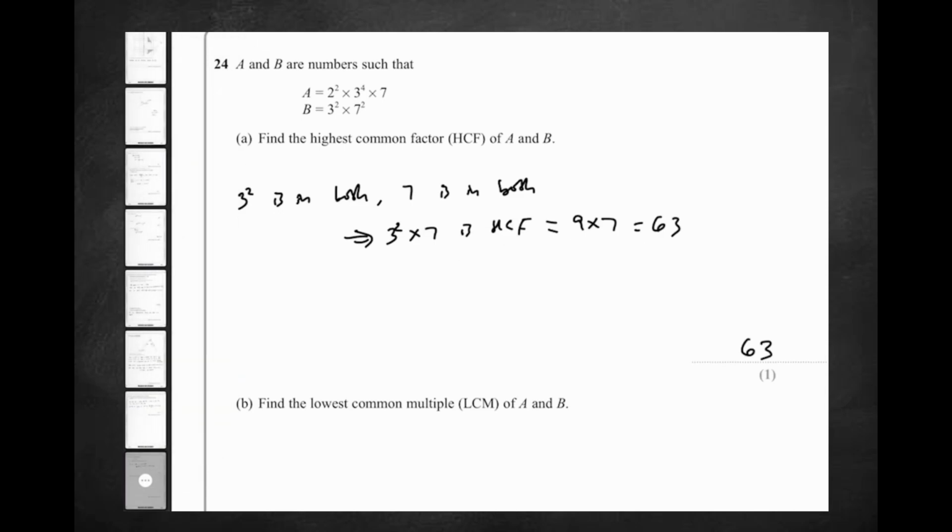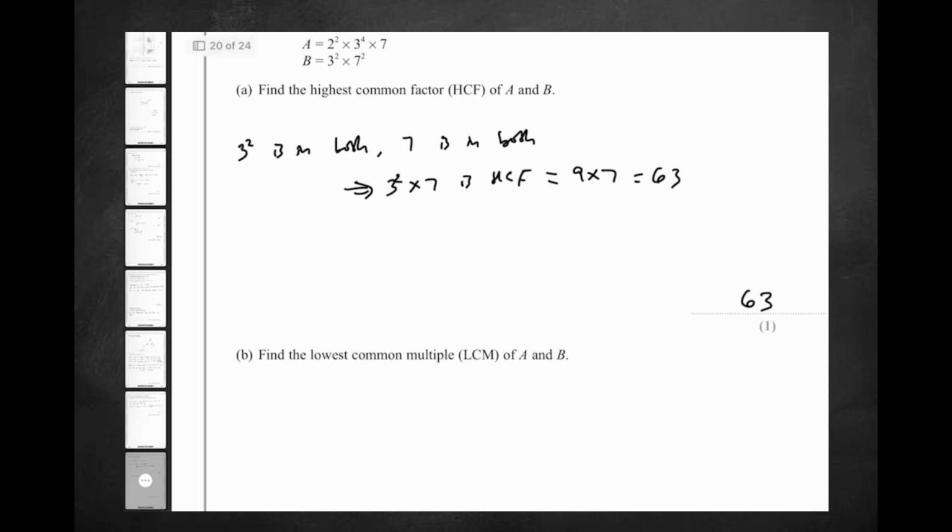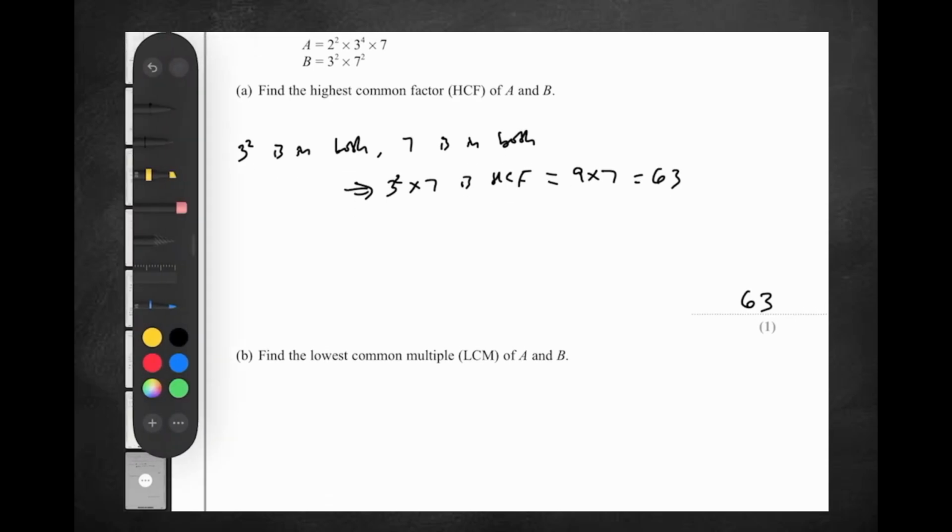So part B, find the lowest common multiple of A and B. So all we need to do for that is make sure we have combined the two breakdowns of the numbers up here.